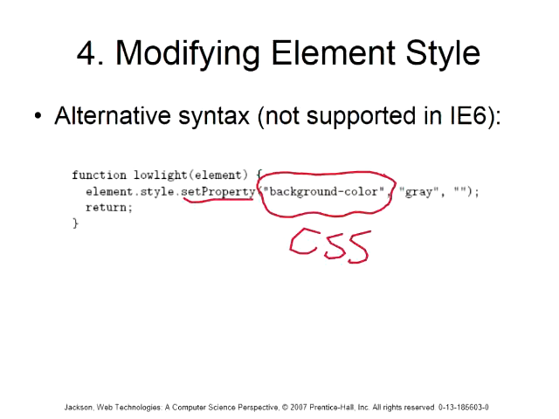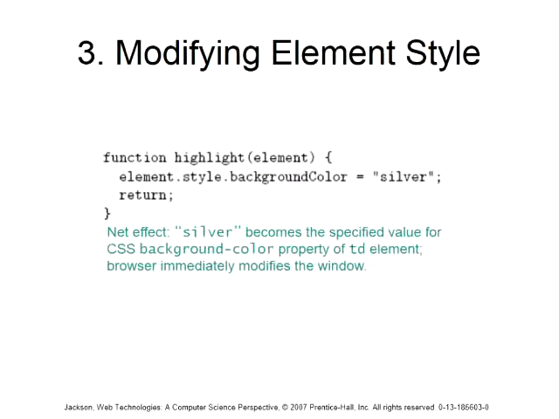In CSS the property is background-color, so with setProperty we keep the minus. If we use the previous manner, we write backgroundColor without the minus, so the minus is eliminated, and here a capital C.